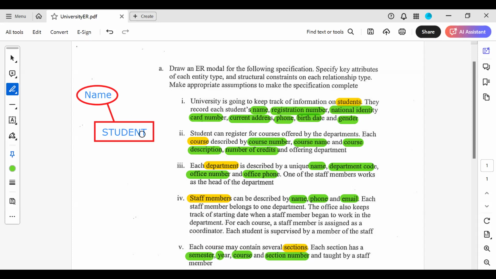We can connect all the names, registration number. So you can put everything. And similarly you can draw the course, the department, the staff member and the sections. The next step is you have to identify the relations.